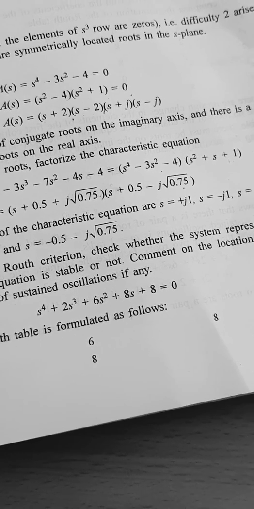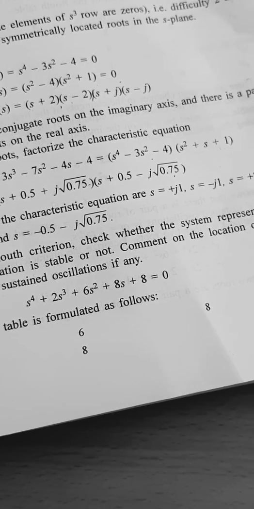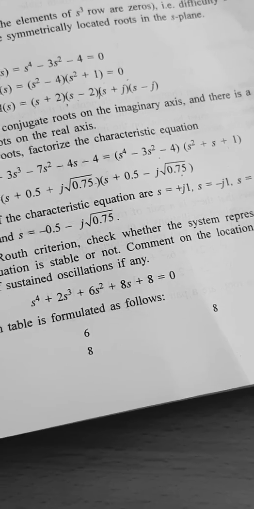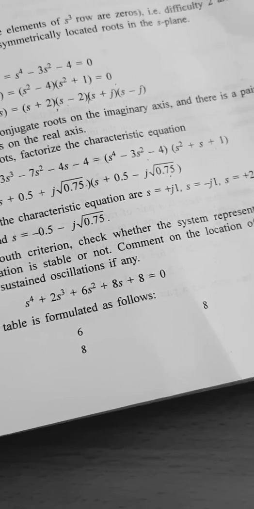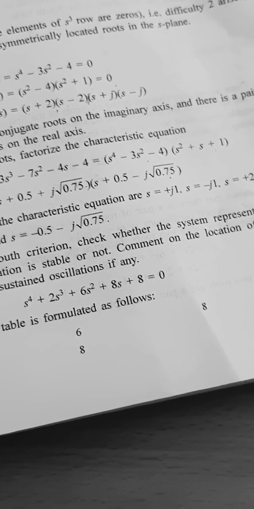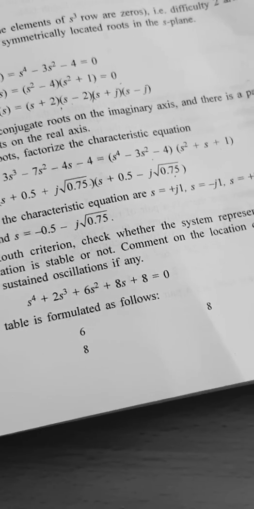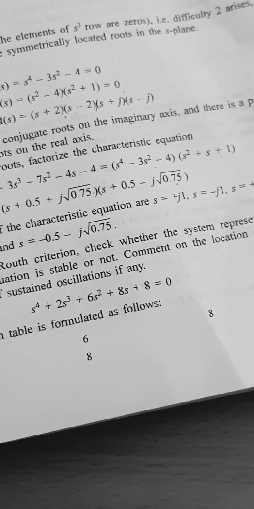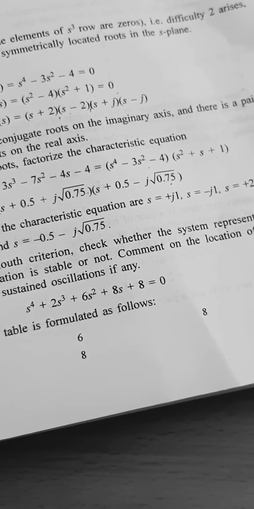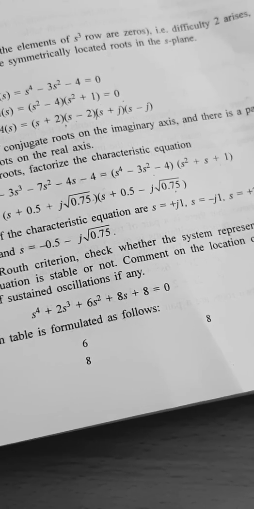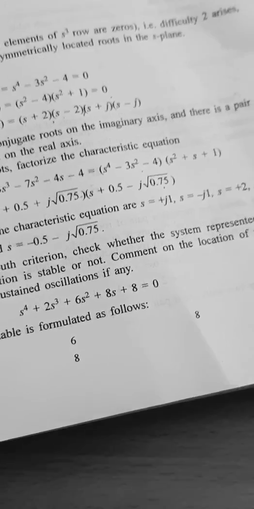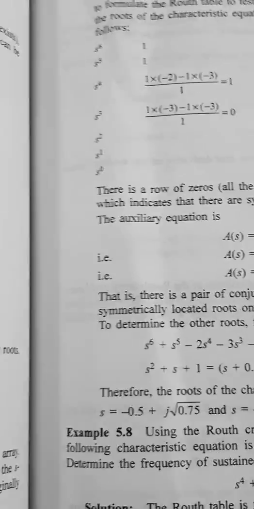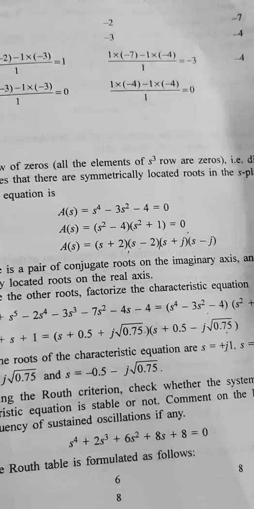And what is a repeated pair of roots? For example, plus j1, there are 2 poles at that same location: s is equal to plus j1, s is equal to plus j1. If there are 2 roots, repeated poles on the same location, then it is not a sustained oscillation. The oscillation amplitude keeps increasing, and it is unstable. Okay, it is not stable.